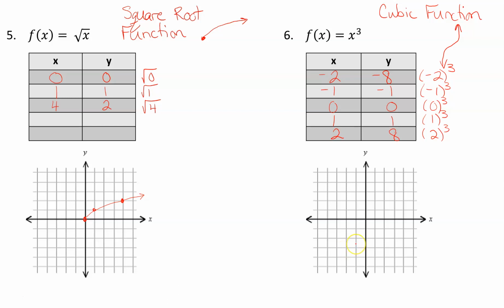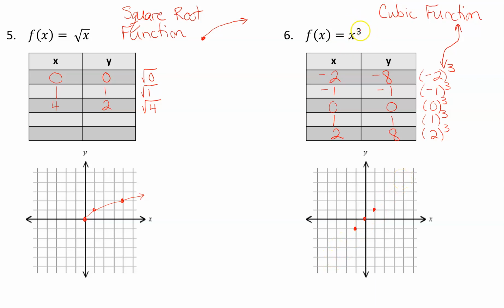So I didn't make the grid big enough to plot the first point or the last point, so we'll plot the middle 3 there. So (-1, -1), (0, 0), and (1, 1). So you really have to have the shape memorized here to know how to draw it, because it looks like you could just draw a straight line through there.